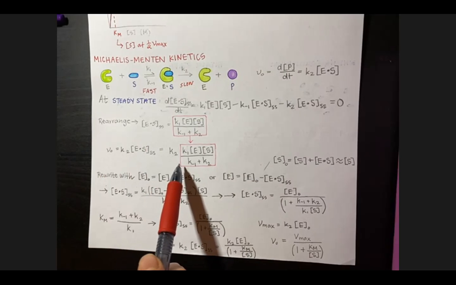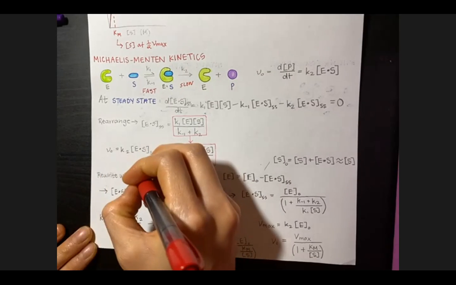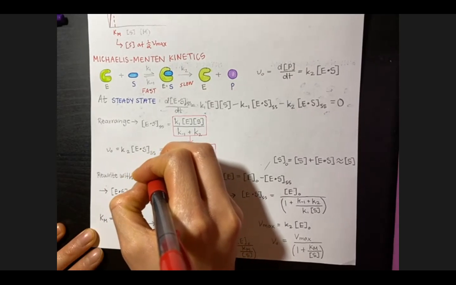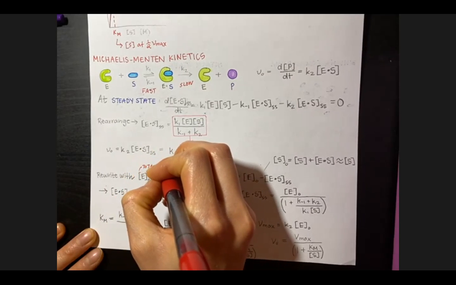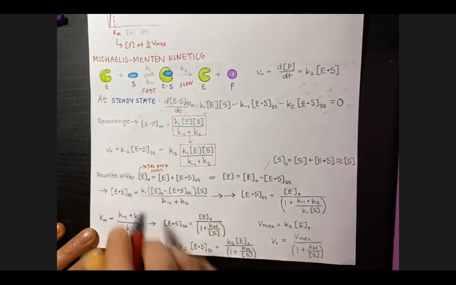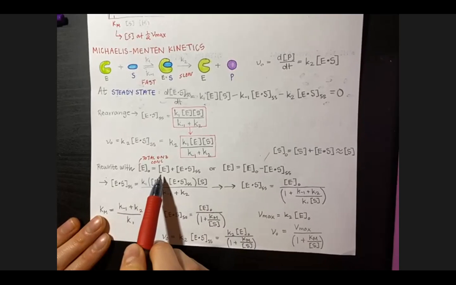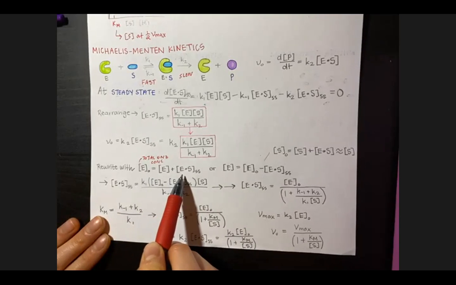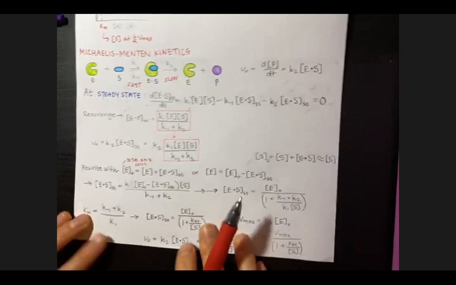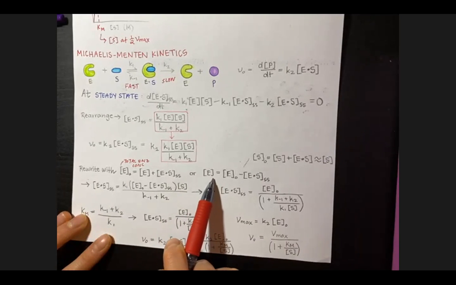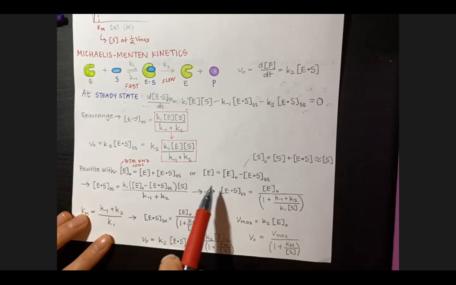But free enzyme is not very easy to calculate, so we can rewrite it with E0, and that is our total enzyme concentration. And that's going to equal the free enzyme plus the bound enzyme. Or alternatively, you can write the free enzyme as this, so we can plug it back in.